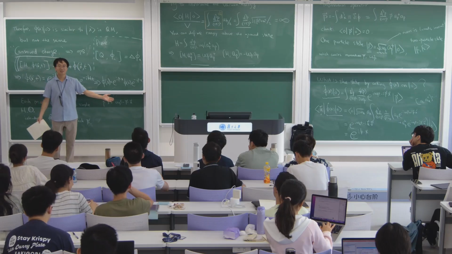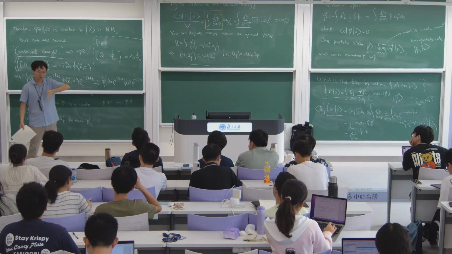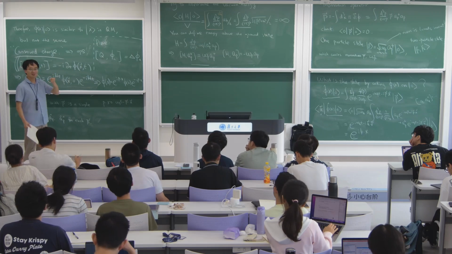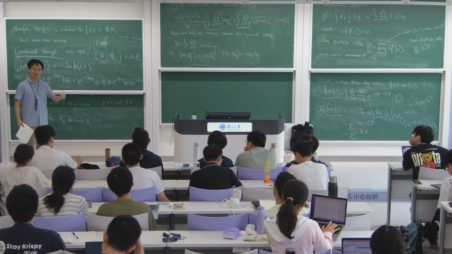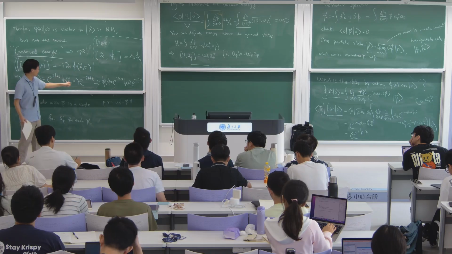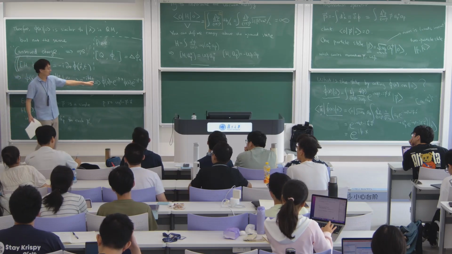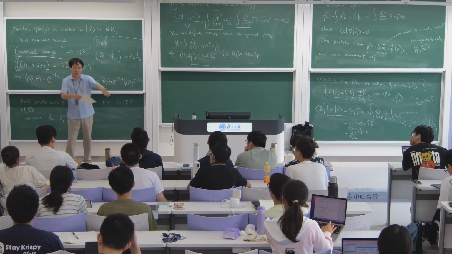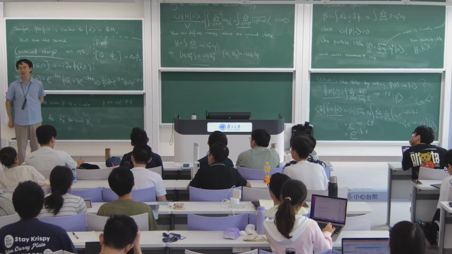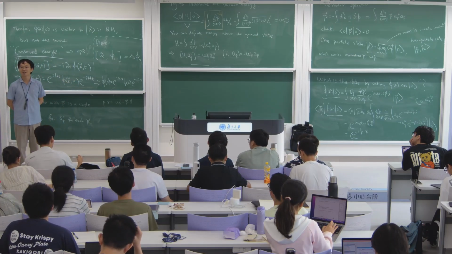You can evolve in the time direction from 0 to some finite value, and you also translate in the x direction from the origin to some other point. The operator that does the time evolution is the Hamiltonian, and the operator that does the space translation is the momentum. So I put them together to form a four-vector.